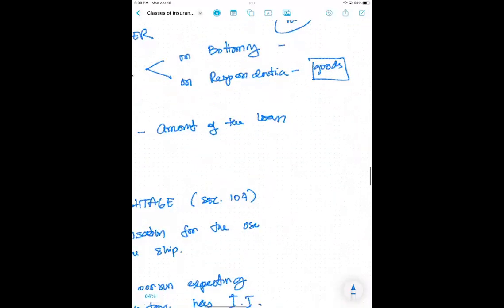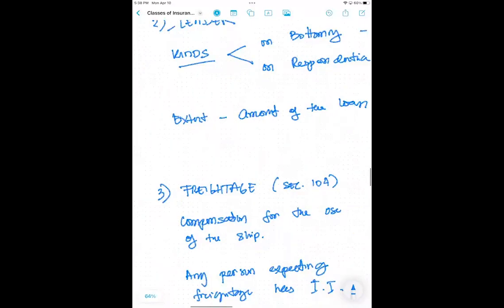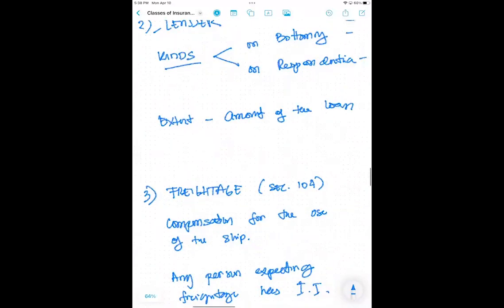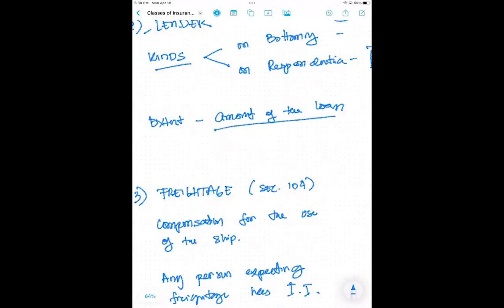Now, what is the extent of the insurable interest of the lender? The amount of the loan, because this is the amount by which the lender will be damnified. It will not be based on the value of the ship or value of the goods, but it is based on the amount of the loan.